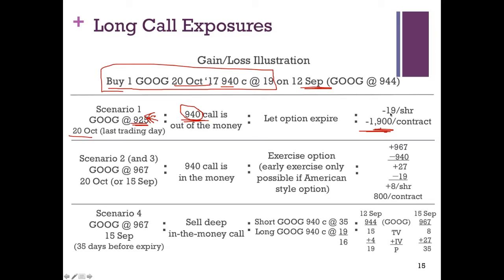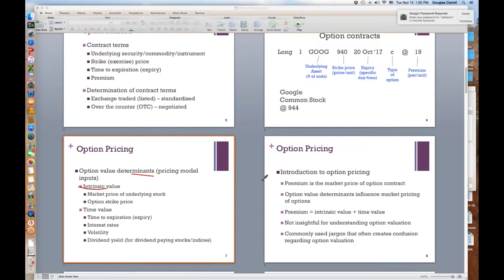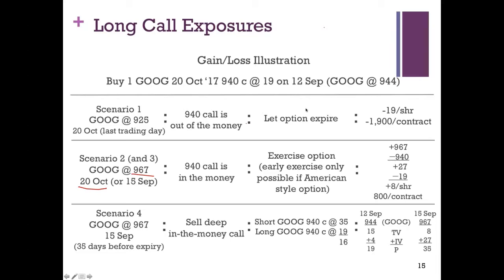Well, let's consider a second scenario. What happens if between today and October 20th, Google were to have risen to 967? Well, of course, if Google was up at 967, the 940 call would be in the money.